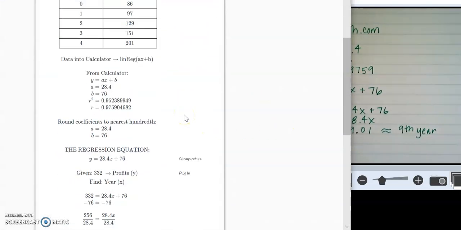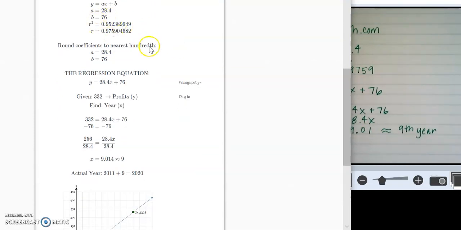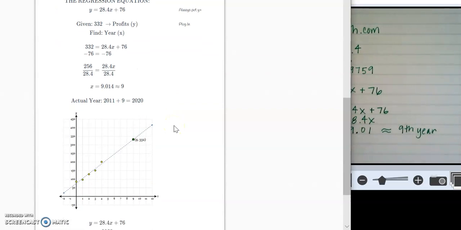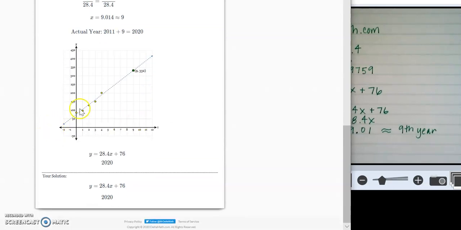Now, if you look down here, it will show you basically what we did. We put the data into the calculator and got this amount. We were told to round to the nearest hundredth, which wasn't a problem. We wrote the equation, and then it asked us to solve for a specific value. One thing I don't like about this program is you don't get to see the scatter plot until after you're done.